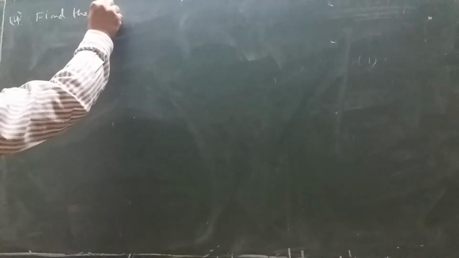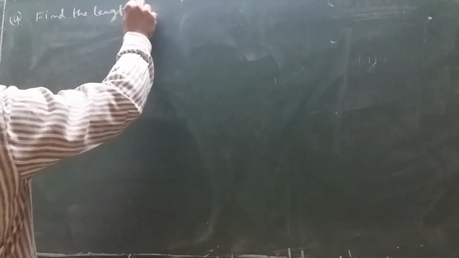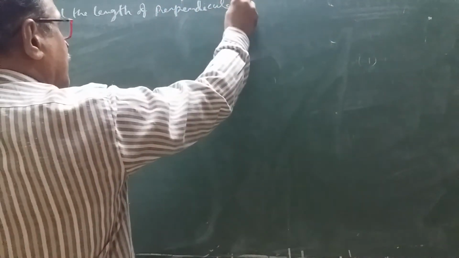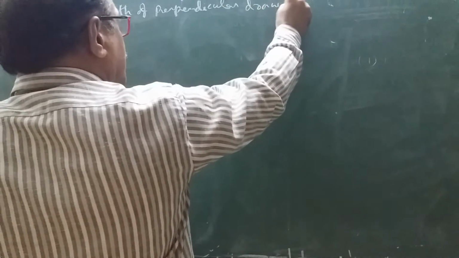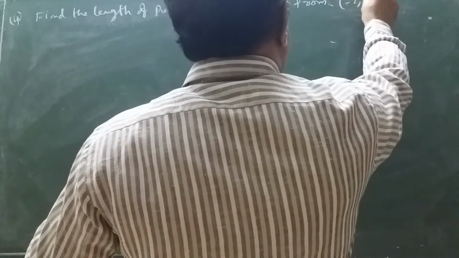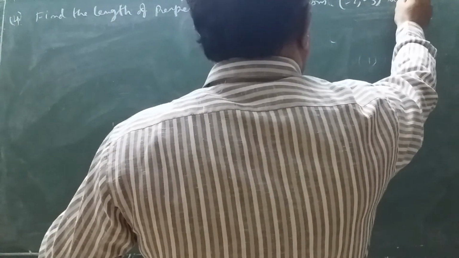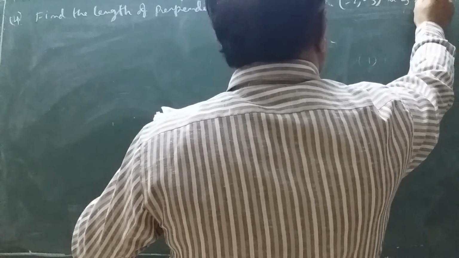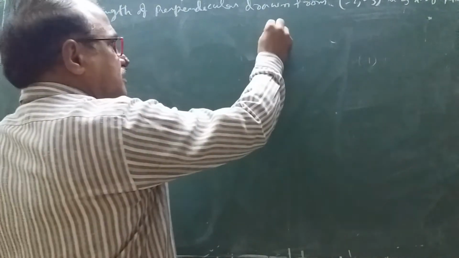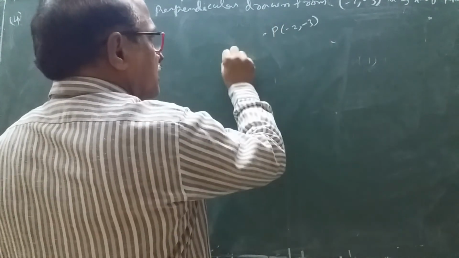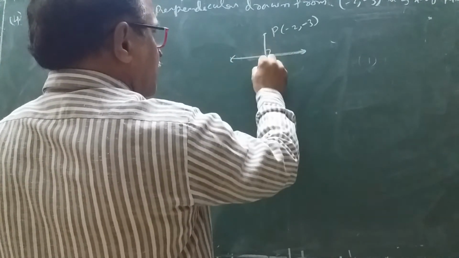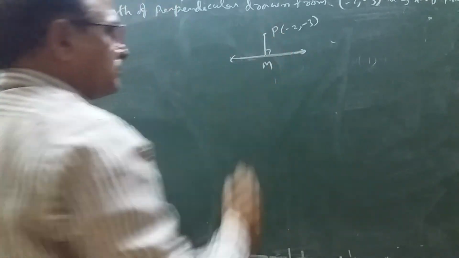Find the length of perpendicular drawn from minus 2 comma minus 3 to the line 5x minus 2y plus 4 is equal to 0. This is our question. Let's find the distance from the point minus 2 comma minus 3. If we draw a figure, it is easy to find. We have to find the distance.